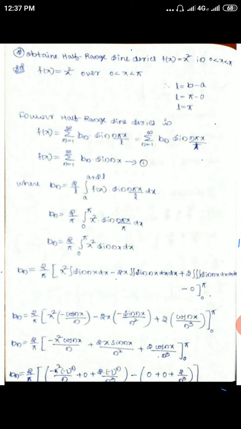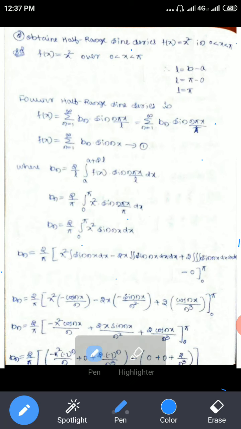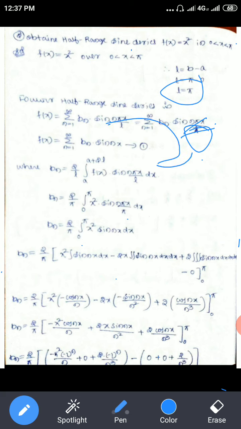Here L is pi, that we have calculated, you substitute this, pi gets cancelled, so f of x is equal to summation n from 1 to infinity Bn into sine of nx, that is equation number 1.